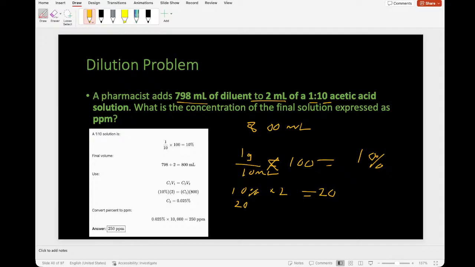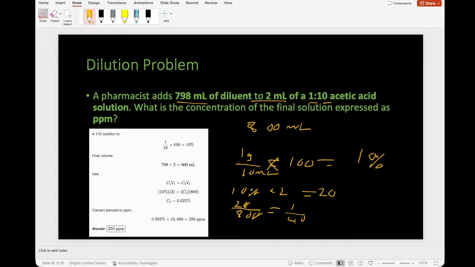So the 20, just keep it at 20. And 20 over 800. Then you would find 2 over 80, which equals 1 over 40. Well, let's not do decimals here.